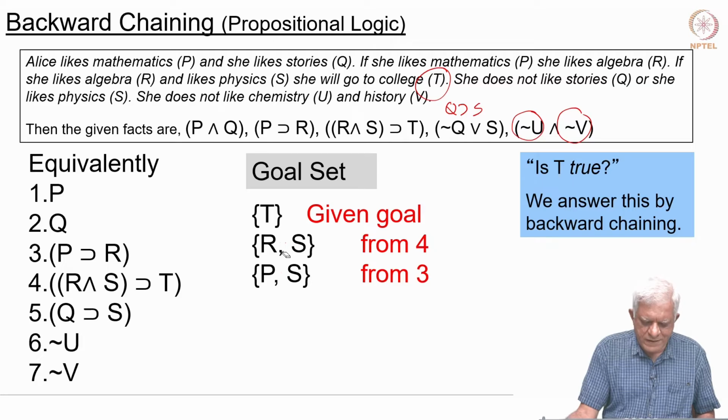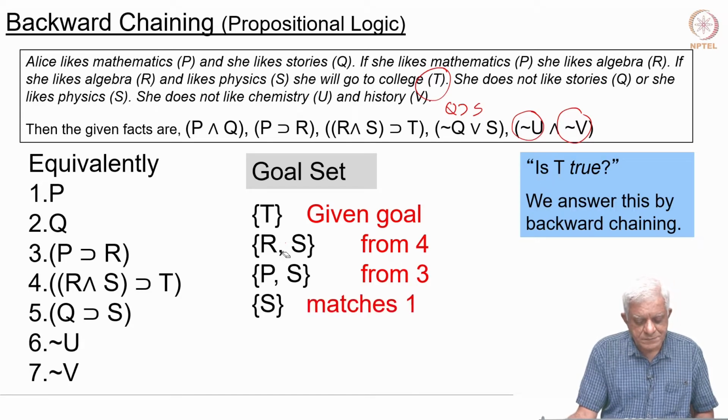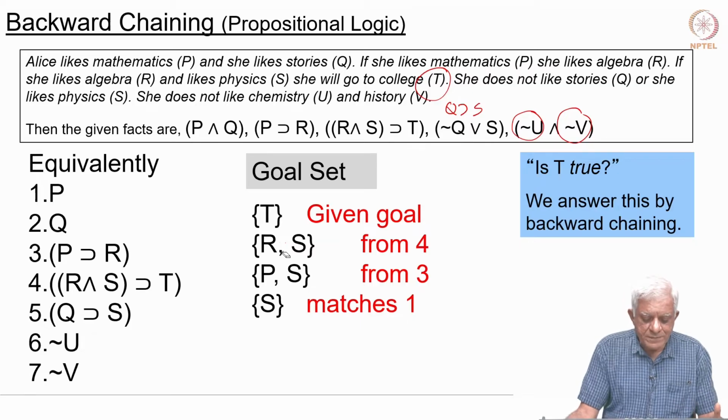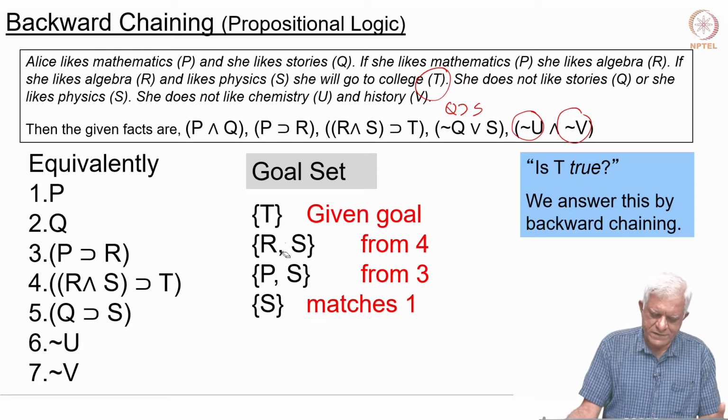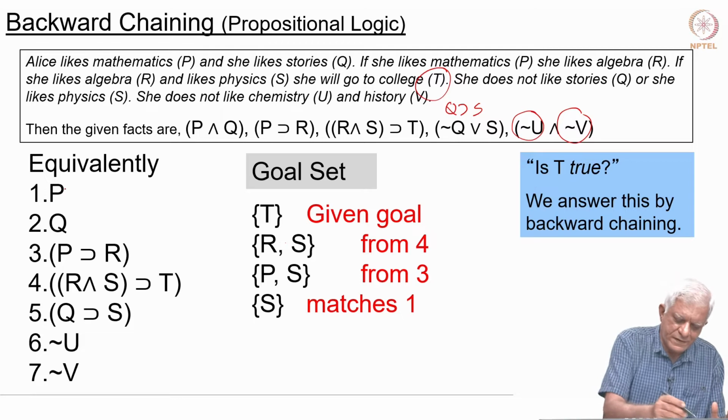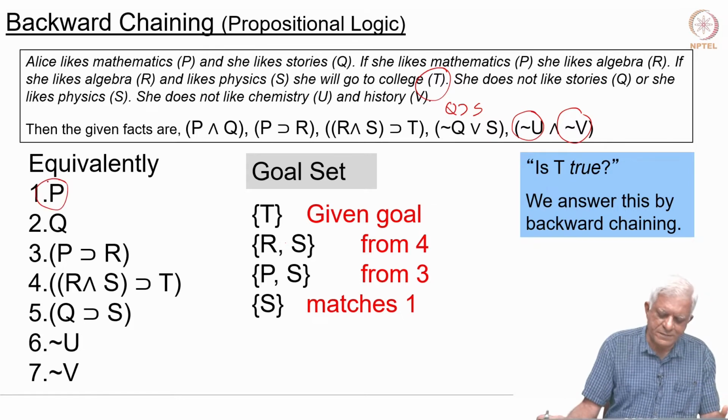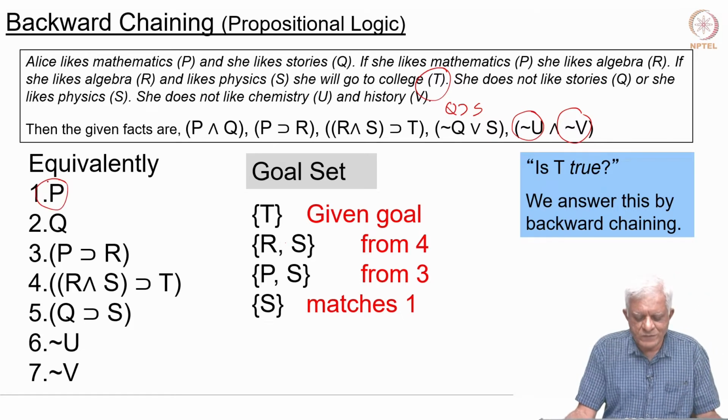So, let us say we handle R. So, we remove R from the goal set, and we find that there is a rule, rule number 3 in fact, which says that P implies R. So, we are saying instead of showing R, you can show P, and that is good enough. P is there in the knowledge base, the very first statement P is true. So, we do not have to do anything further there, no more chaining is required.